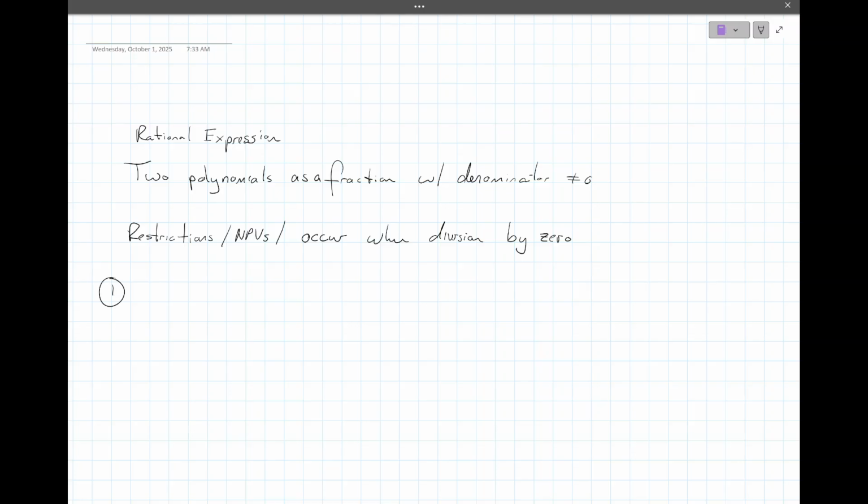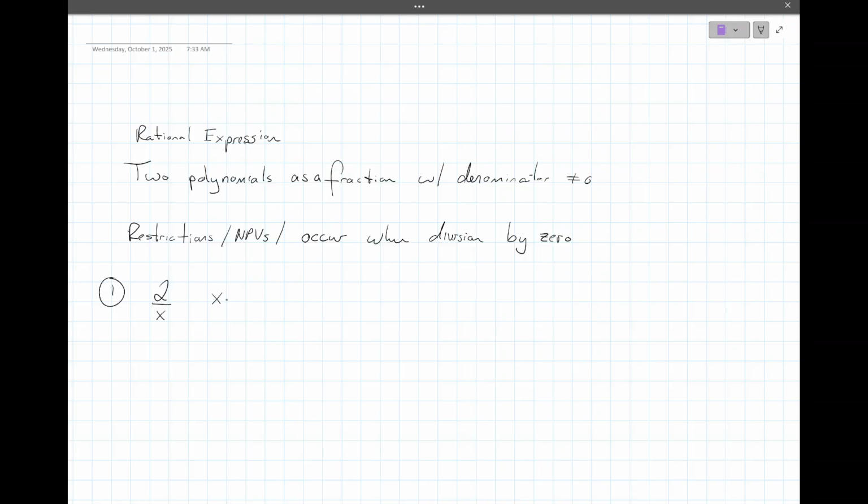So for example one, let's see how we get these undefined values first, because we need to know where we can and can't work on our values of x. Since we can choose x anywhere, we need to know where we can't choose x. If I have 2 over x, then x can't equal 0.